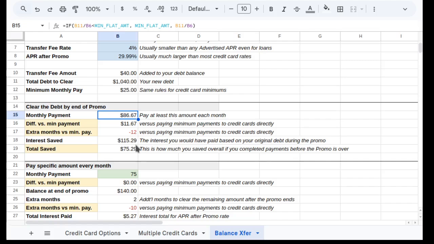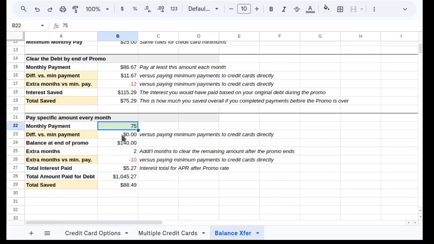But what if you can't make this $86 payment? What if you said, I could do $75? Well, this is that value you can change here. This $75 value is the difference versus the minimum payment. So if you had continued paying it on just each credit card individually, the difference versus the minimum payment would be $0. The balance at the end of the promo is $140.